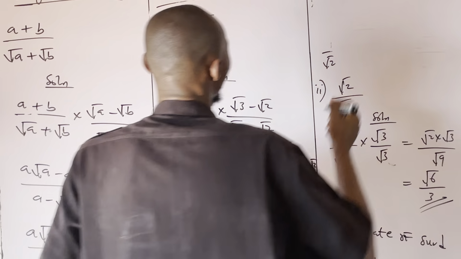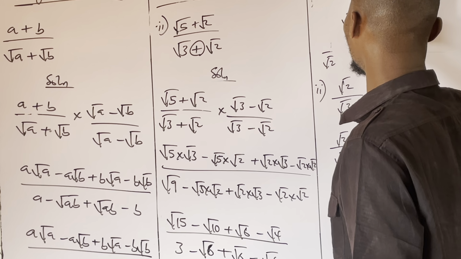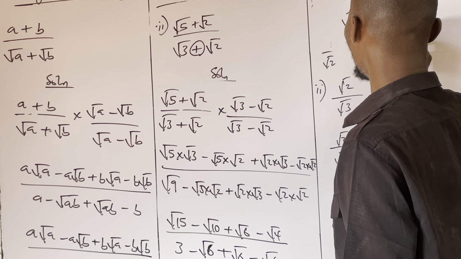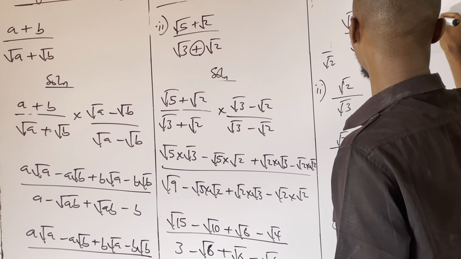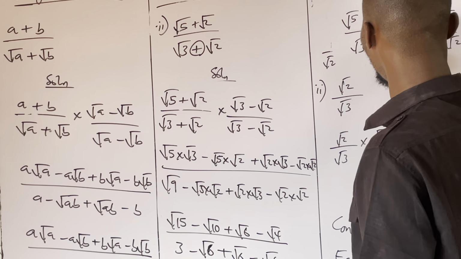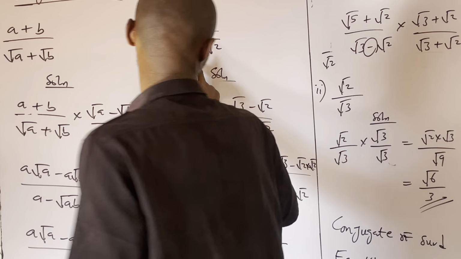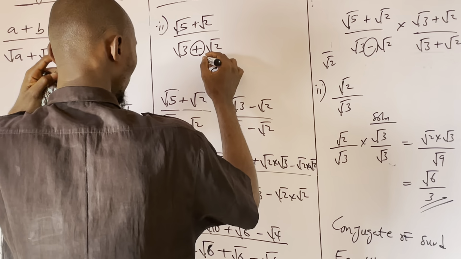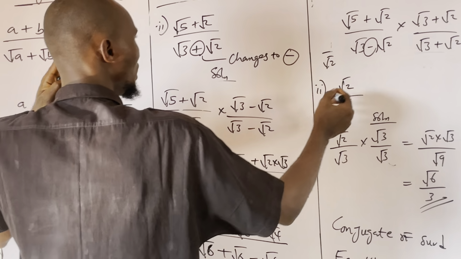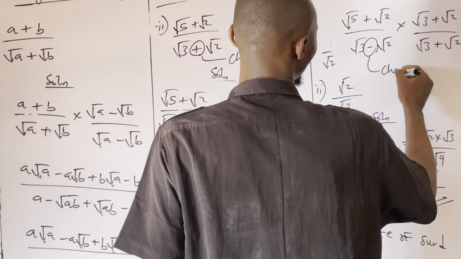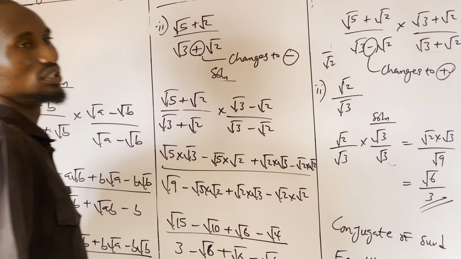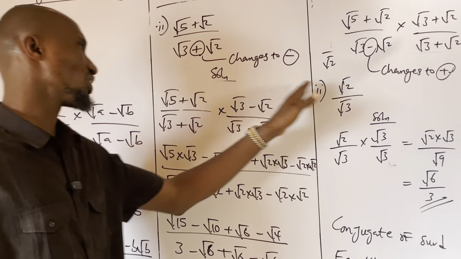What do I mean? When you have root 5 plus root 2 over root 3 minus root 2, for instance, the conjugate here will be root 3 plus root 2 over root 3 plus root 2. So take note of this middle sign. If it is plus, it will change to minus. If it is minus, it changes to plus. Did you understand now? So that is the concept of this.